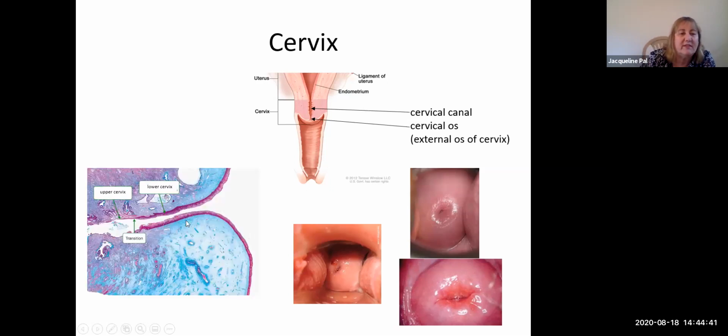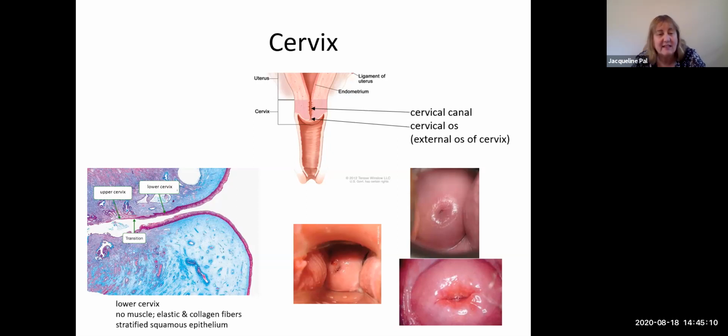When we look at the cervical canal, as I said, this external part of the cervical canal, this is stratified squamous epithelium, whereas higher up in the cervical canal, this is still the simple columnar epithelium that you have higher up in the uterus. And this lowest part of the cervix, what you will notice is there's no smooth muscle there anymore.